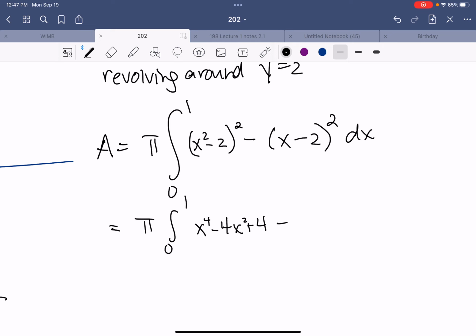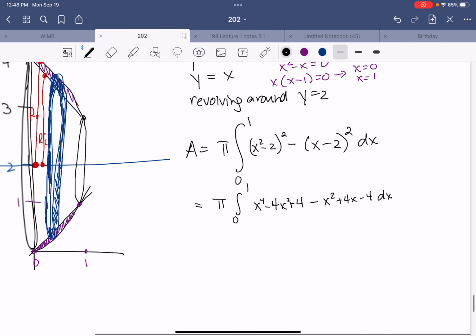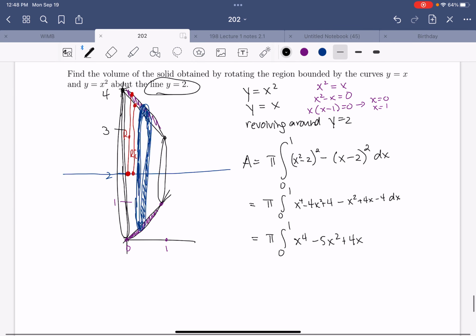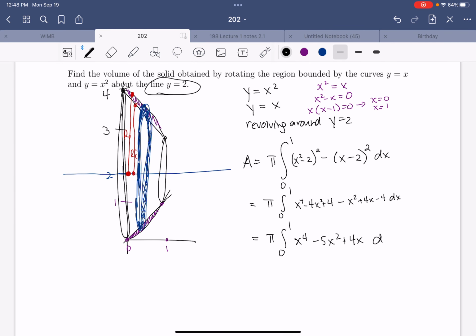Here we're subtracting x squared minus 4x, so plus 4x if you distribute the negative, plus 4, which is minus 4, dx. Let's see what happens here. We've got x to the 4th minus 5x squared plus 4x, and the 4's cancel themselves out. So dx.